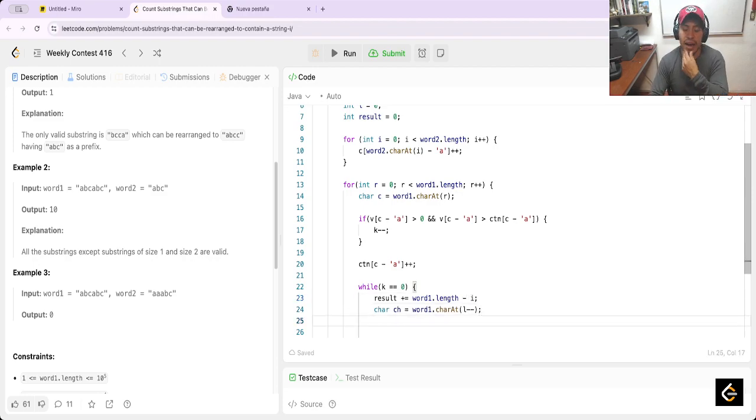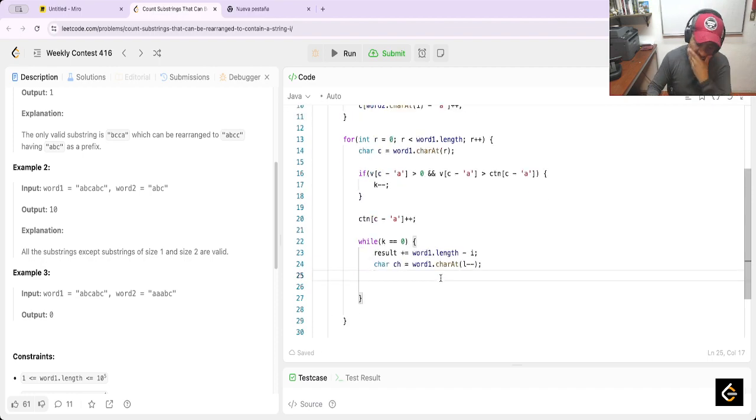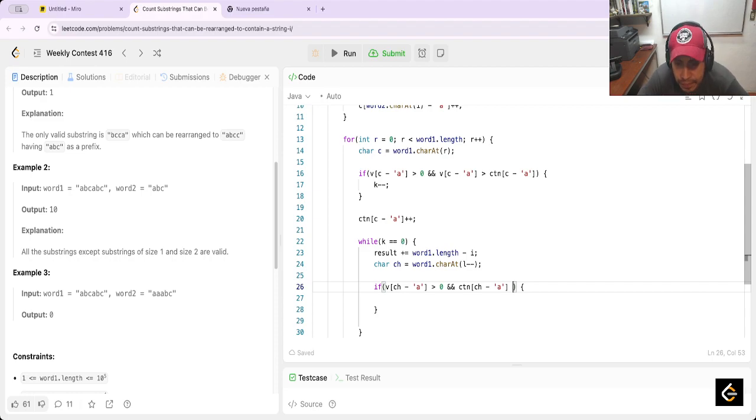and now is okay, have this element, and is asked if b in the position ch is greater than 0, and counter in the position ch less a, I think that here is greater equal, let me check.